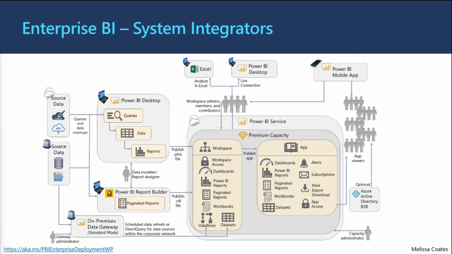Their OLTP systems or their source systems can be in the cloud or on-prem. That hybrid architecture allows the flexibility that they need to design it for their needs. What is required to be in the cloud is the reports, their data sets, their dashboards, and their workbooks.